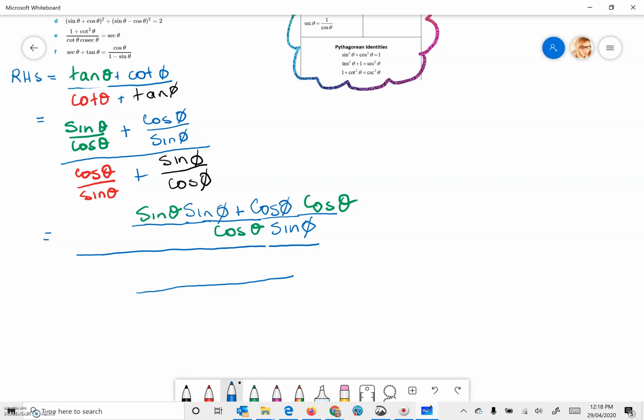Let's have a look at what's going down underneath. Underneath we've got a sine and a cos again. So we're going to have a sine theta, at the top is a cos theta.